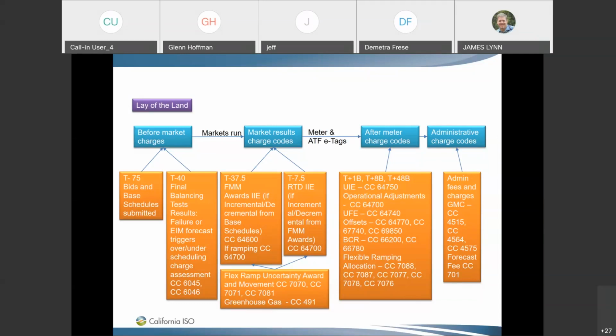Now, the other thing, as I said, if you fail that test, is what happens to the resources regarding the flexible ramp? The way the market is going to procure it, your resources are first going to meet your flexible ramp need, and then they'll be used to see if they can meet any of the EIM area flexible ramp needs.